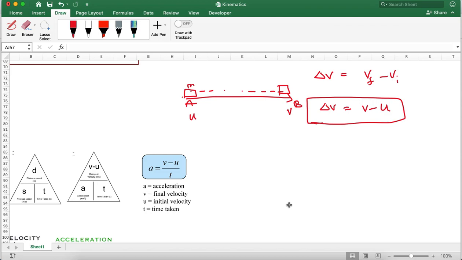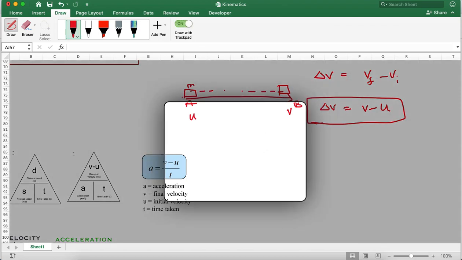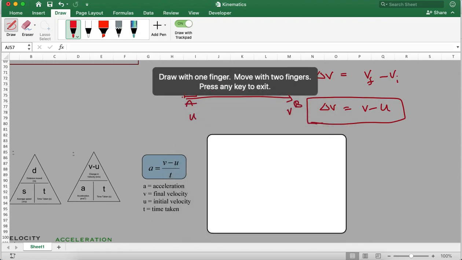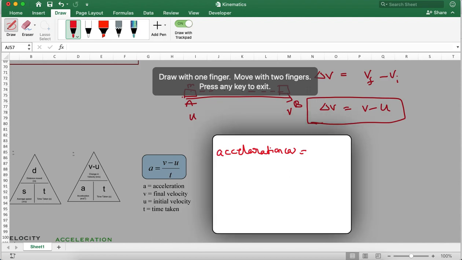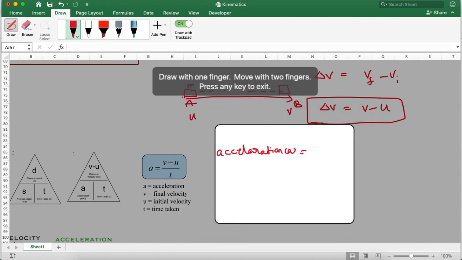Now we need to define what acceleration is. Usually acceleration is represented with the term a. Acceleration is defined as the rate of change in velocity, so delta v by t.